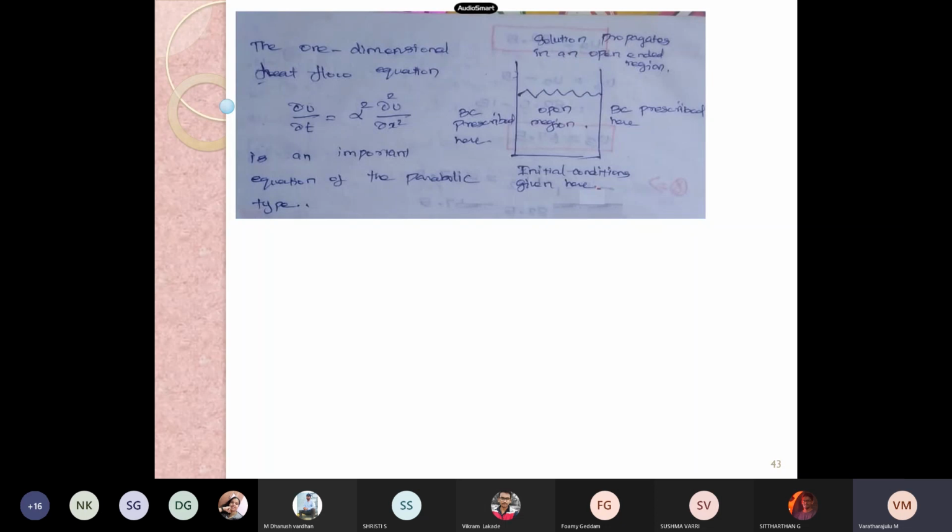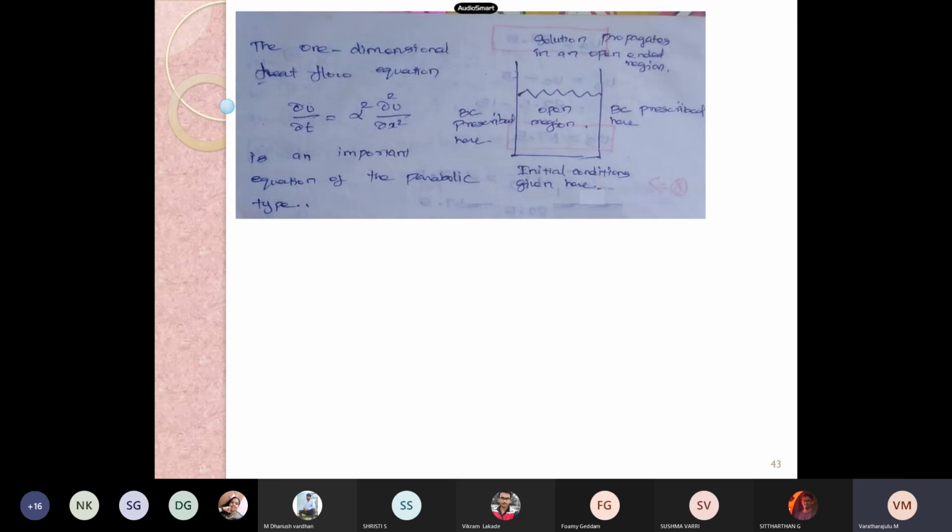Are you already aware of conduction, convection, and radiation? Someone, please unmute your mic and tell me about the principle of conduction, convection, and radiation. Once the principle of conduction and convection is known, then we can easily approach this heat flow equation.